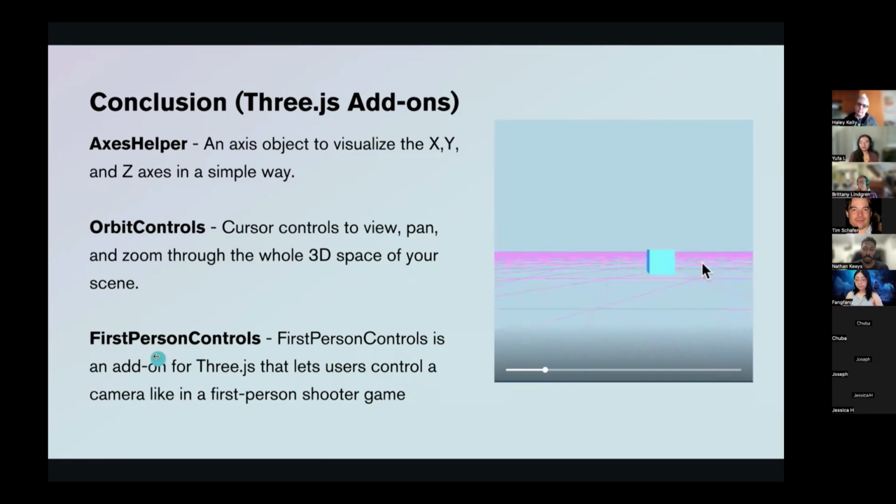They also have different properties where you can turn off the ability to look up and down. You can turn off the ability to nosedive into 3D space. So it comes in handy especially when you're making games or interactive experiences like this.